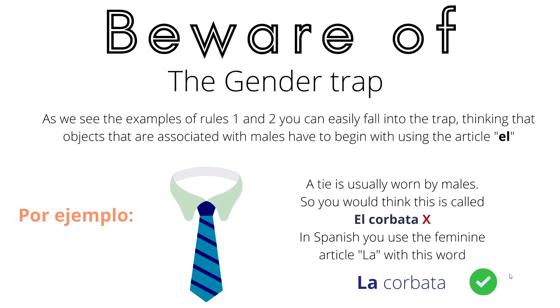Easy, right? Now beware of the gender trap. As we see in the examples of rules 1 and 2, you can easily fall into the trap of thinking that objects associated with males have to use the article el. Por ejemplo, a tie is usually worn by males, so you would think it's el corbata, right? But it's not so. In Spanish, you use the feminine article la with this word. So a tie is la corbata.